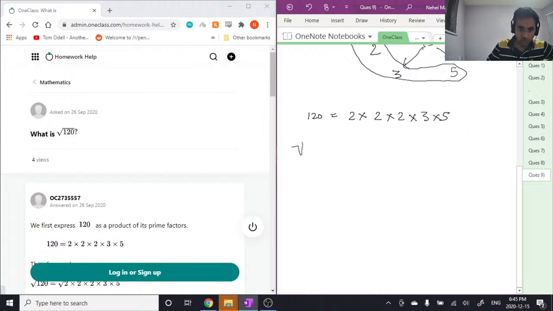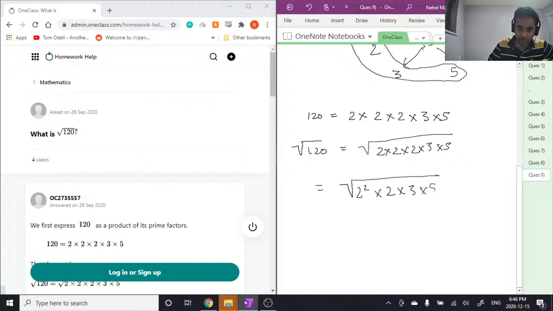So square root of 120 is nothing but square root of this expression, 2 times 2 times 2 times 3 times 5. Inside this expression, we do see that we have 2 squared. So we can write this as 2 squared times 2 times 3 times 5.